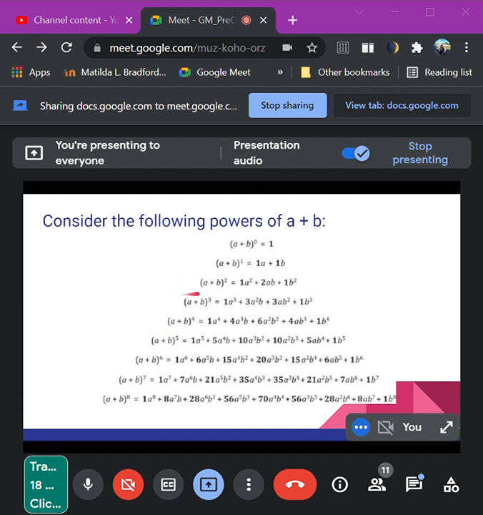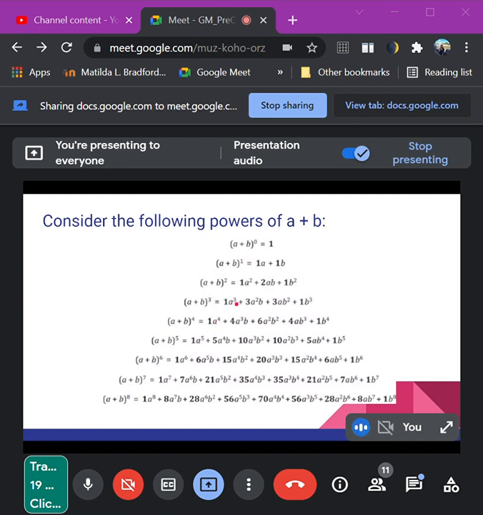And then for our A plus B squared, iyang answer kay A squared plus 2AB plus B squared. And then for the next one, we have here raised to the power of 3, cube.